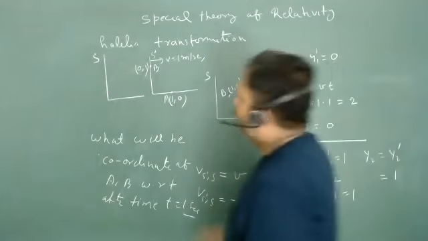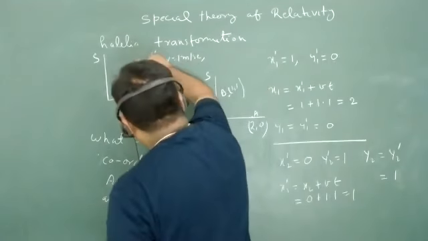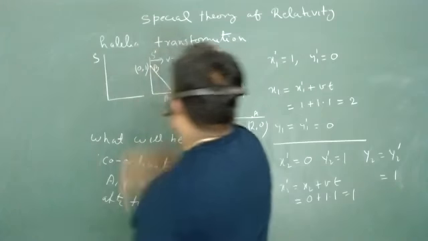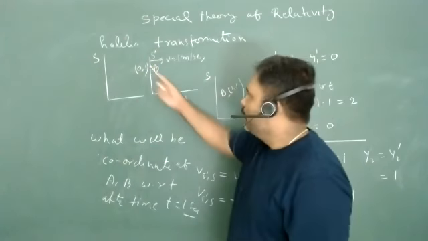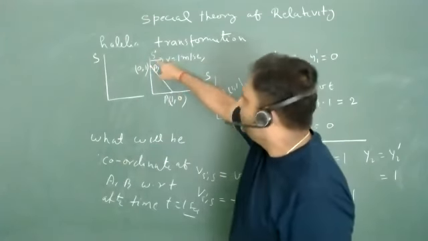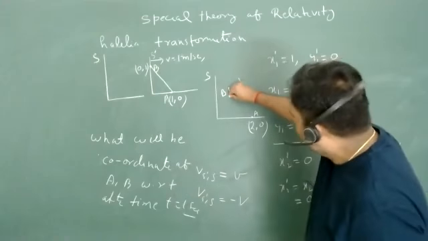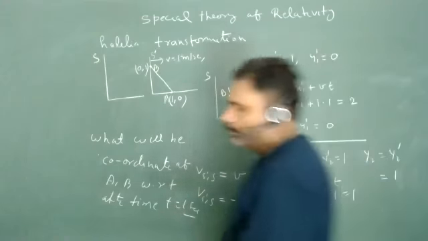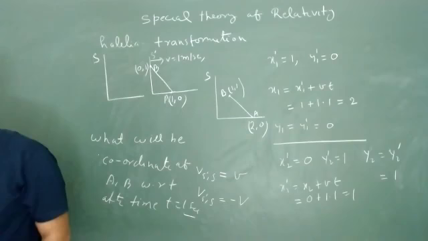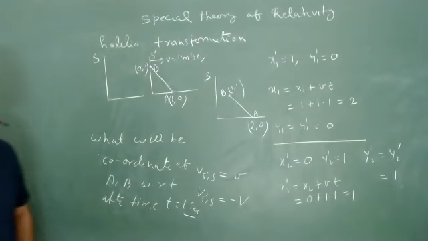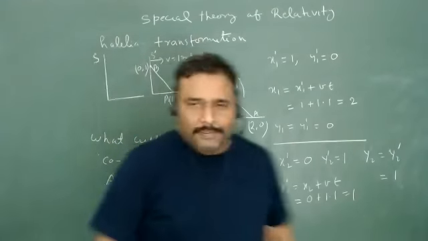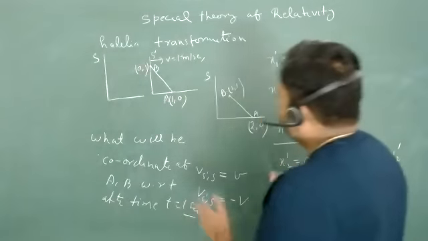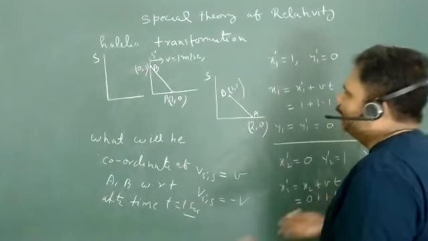But now, if you are going to check what will happen to this distance with respect to S dash, and what will happen to this distance with respect to S? What should be your answer? It will be the same, or contract, or bigger.